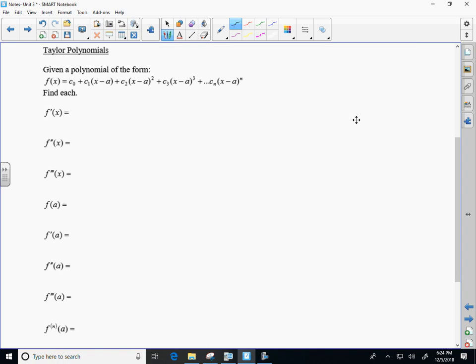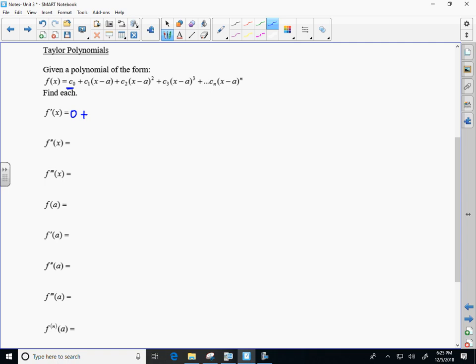This shows, and I promised this a while ago, where your Taylor polynomial model actually comes from. So f prime of x given f of x. My constant would go to 0. My c sub 1 times x minus a.